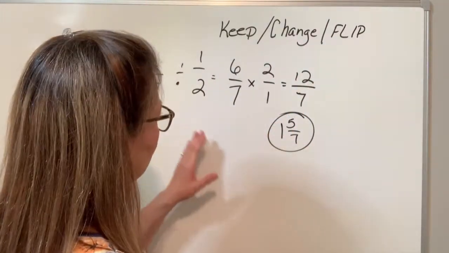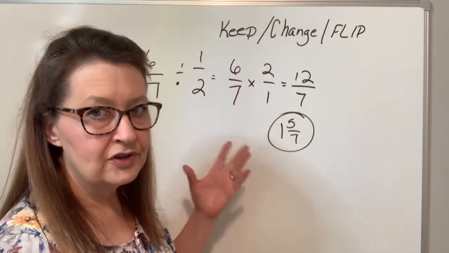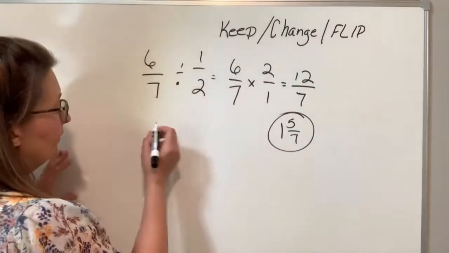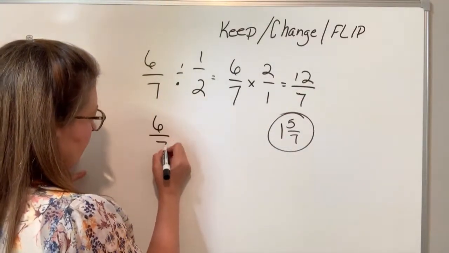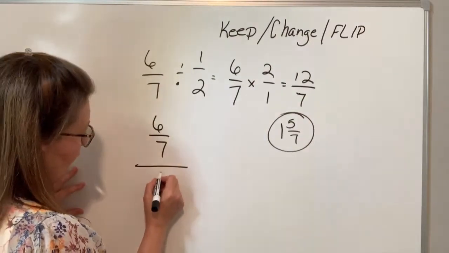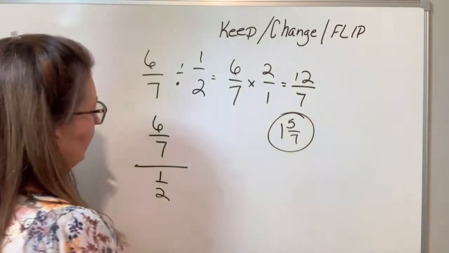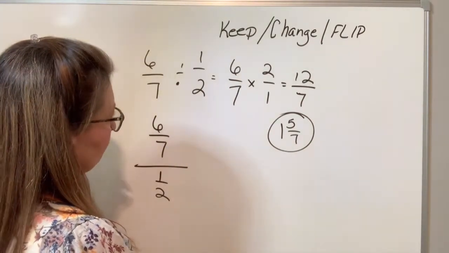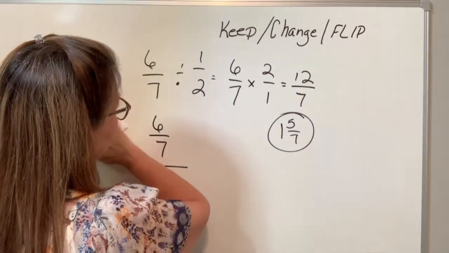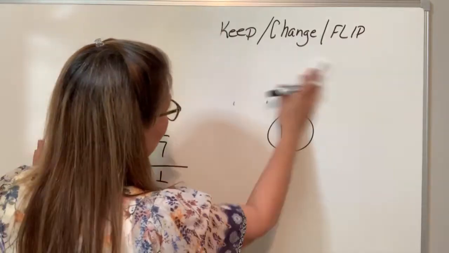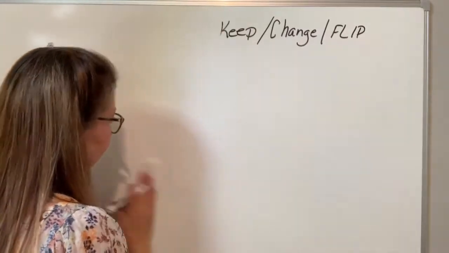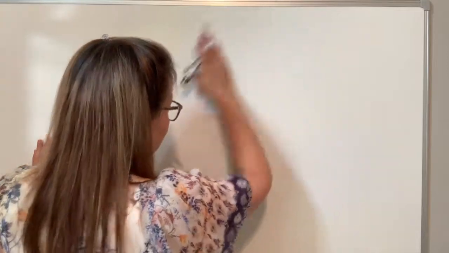Now, there are different ways to write division, just like I showed you with multiplication. This could be written 6/7 over 1/2. That means division. Now, same thing, if you get a whole number interacting in your division, just put it over 1.